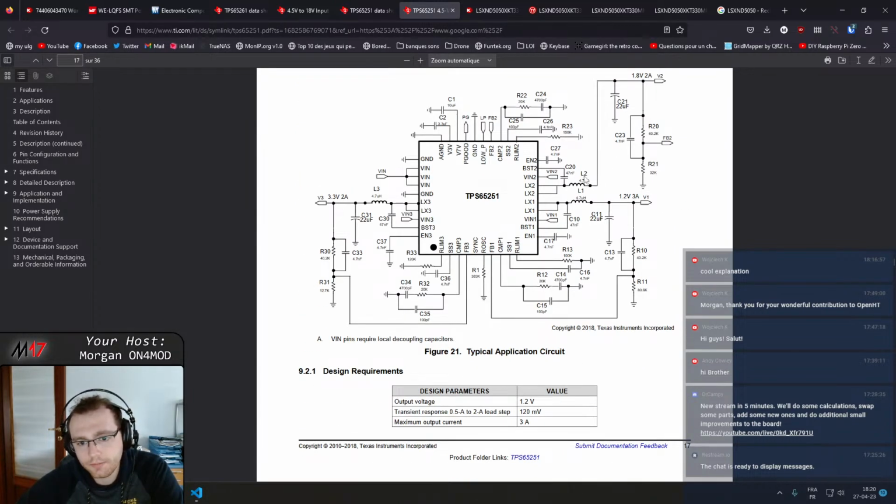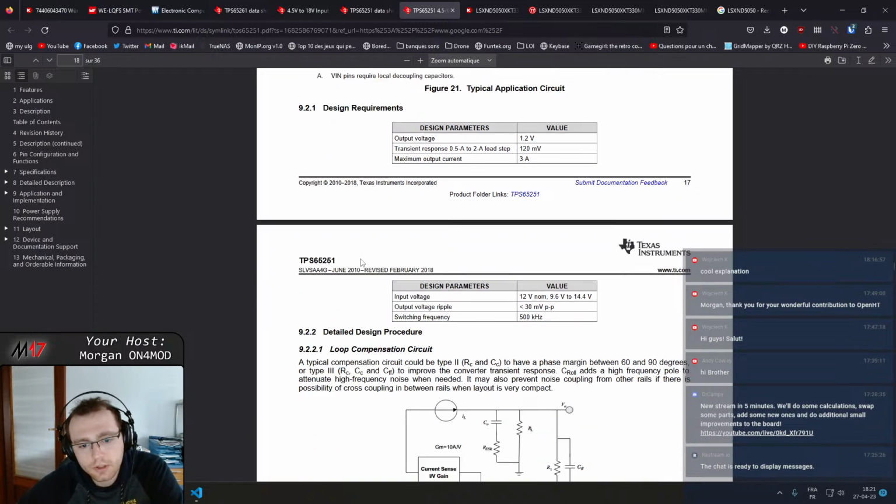Typical application. Okay, so now you can see that they added it. Here it's 4.7, and FB2, where is it? FB2, yeah, here. This is FB1 and FB3, yeah, 4.72.